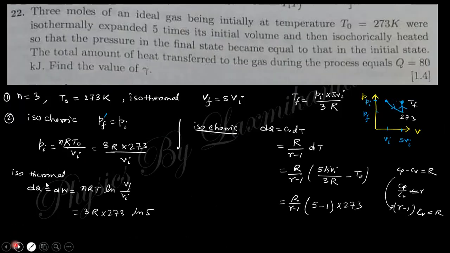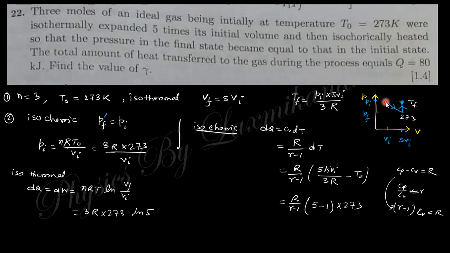Next question says 3 mole of ideal gas. The mole number is 3. Ideal gas initially at this temperature, the initial temperature, isothermally expands to 5 times the initial volume. So the final volume is 5 times the initial volume. Then it is isochorically heated so that the pressure returns to the initial state.